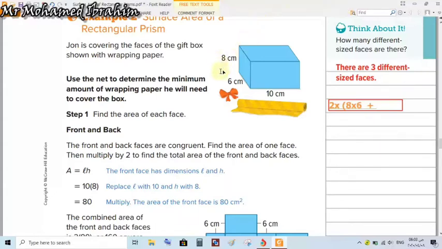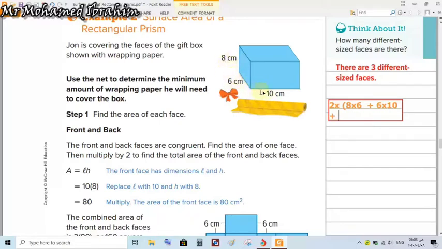We did 8 times 6. Now we need 6 times 10 and then 8 times 10. 6 times 10, plus. We took 8 times 6 and then 6 times 10.